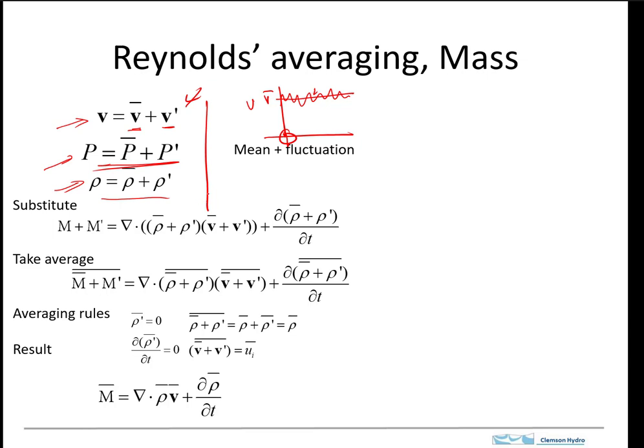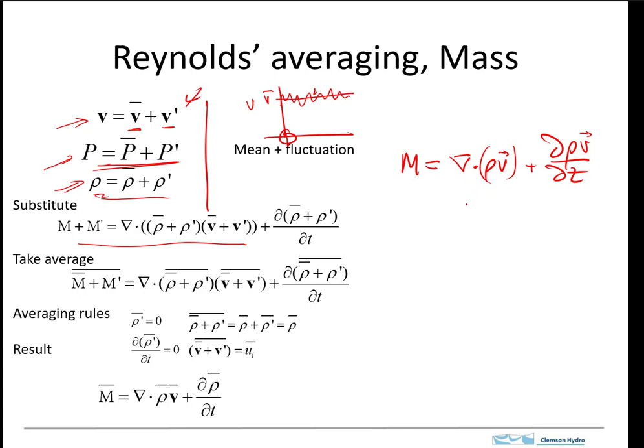Now, if we do that, we just basically make the substitution into the governing equations, then the momentum equation looks like this, where we started with something that looked like this, the divergence of the density times the velocity plus the rate of change of storage.